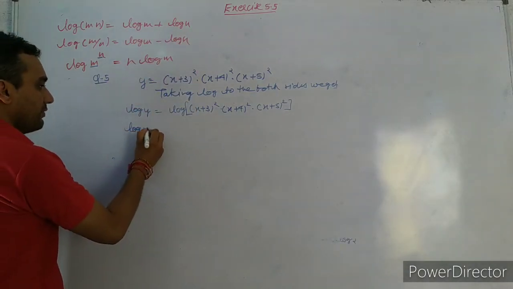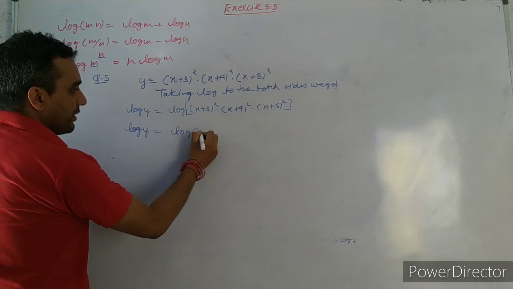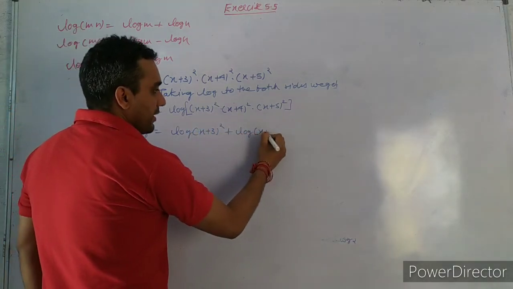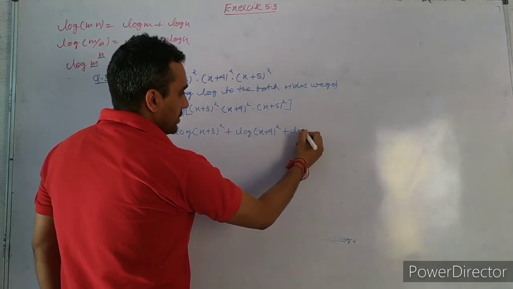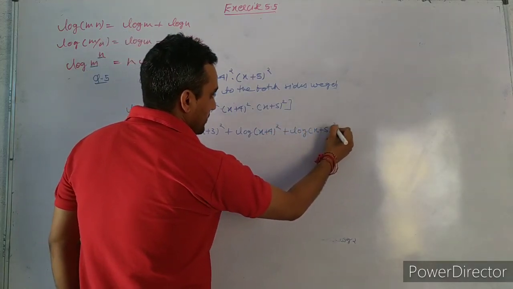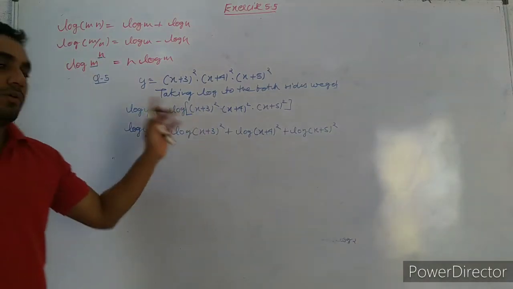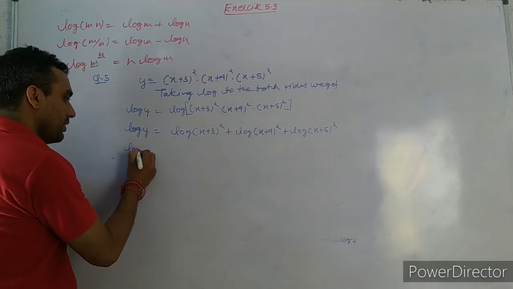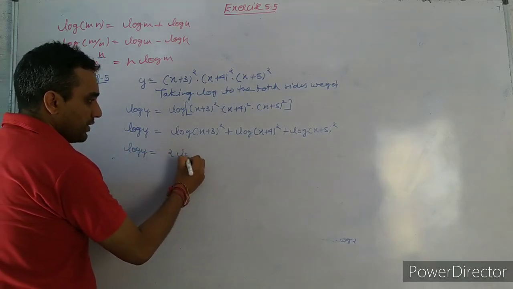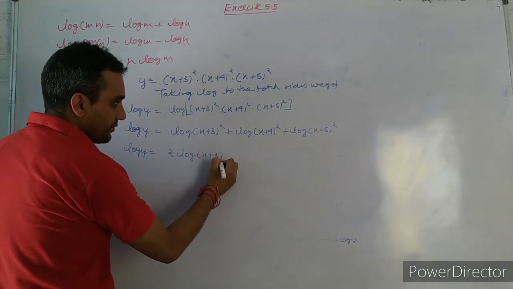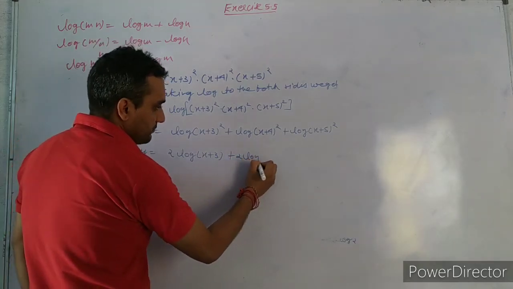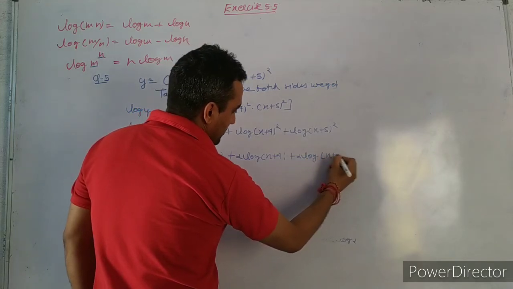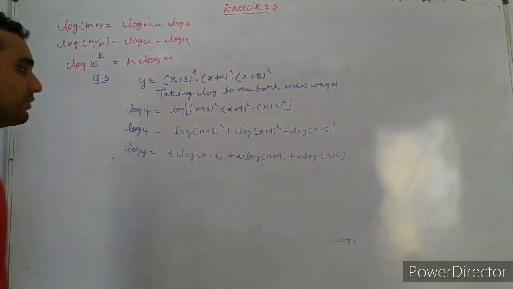So I will write here log of x plus 3's whole square plus log of x plus 4's whole square plus log of x plus 5's whole square. Now again we have log m to the power n, so this power will come in front: 2 log x plus 3, 2 log x plus 4, 2 log x plus 5.